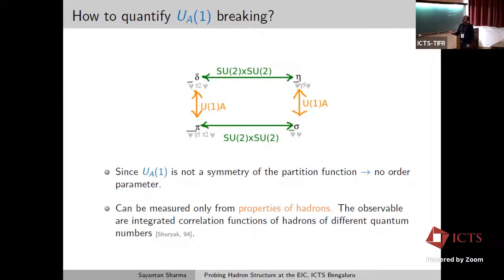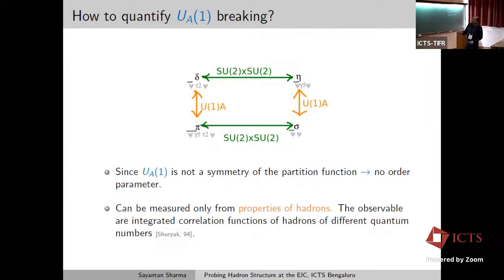If you look at these quantum number channels, this is for the two flavor case, so this is the delta, which is isoscalar, whereas eta is the pseudo-scalar, whereas here sigma is the scalar and pion is the pseudo-scalar particle.